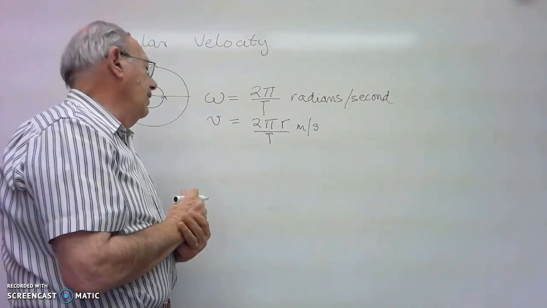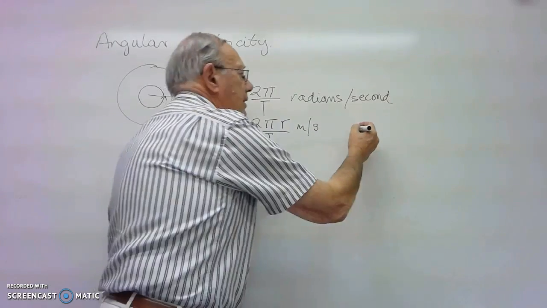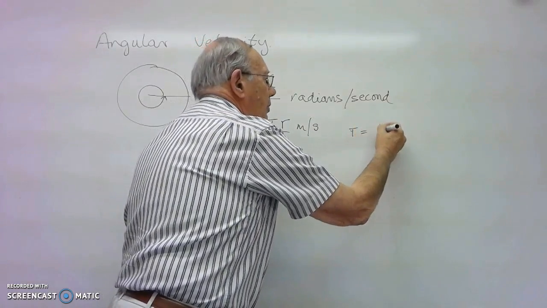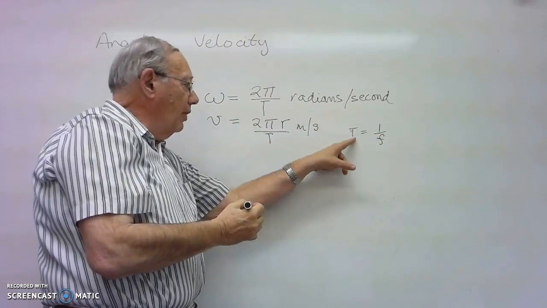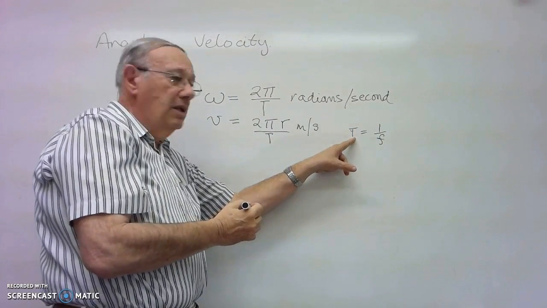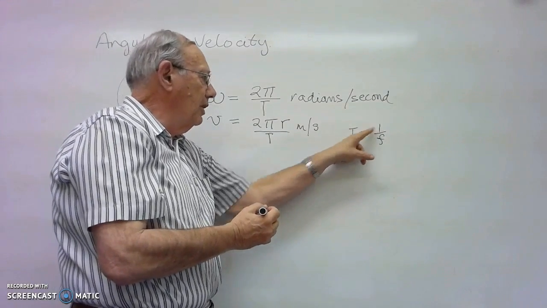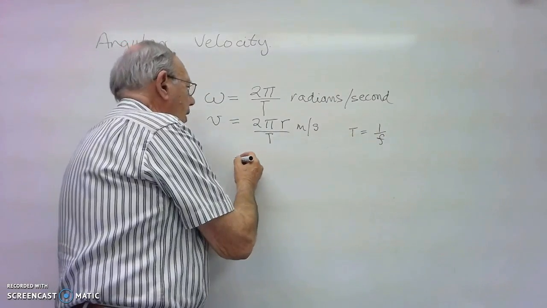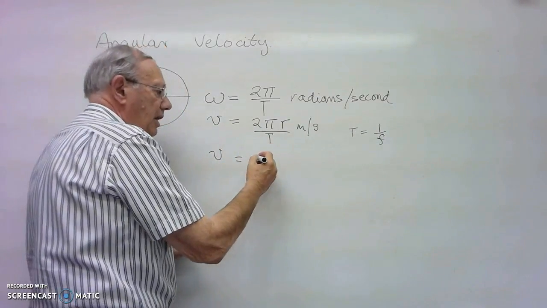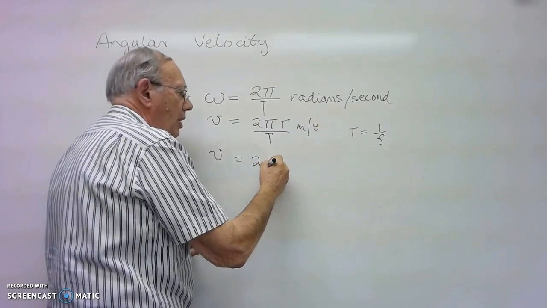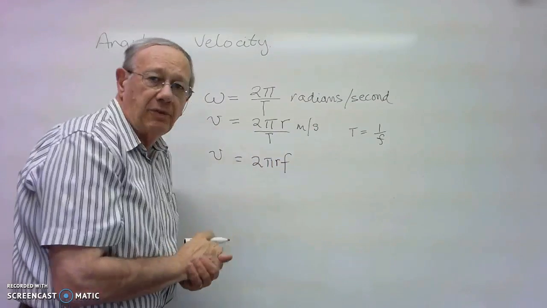Now, another way we can think of this, remember what we said a moment ago, that period is equal to 1 over frequency. If I substitute in here for period, I'll get this instantaneous velocity to be 2 pi r times the frequency.